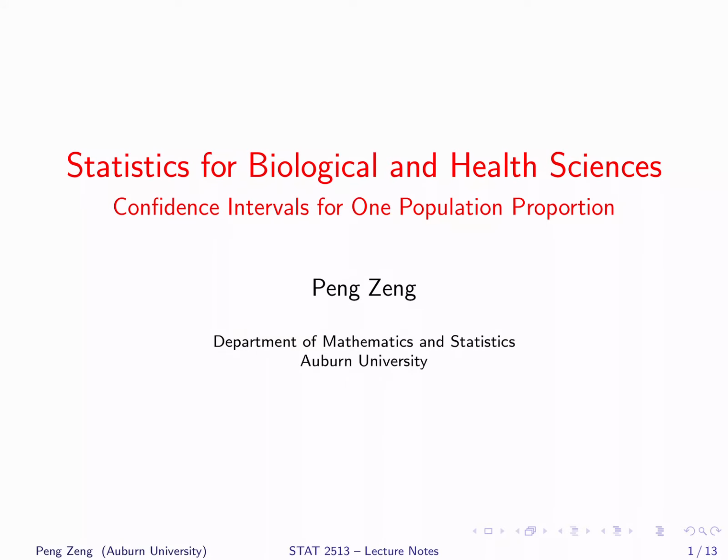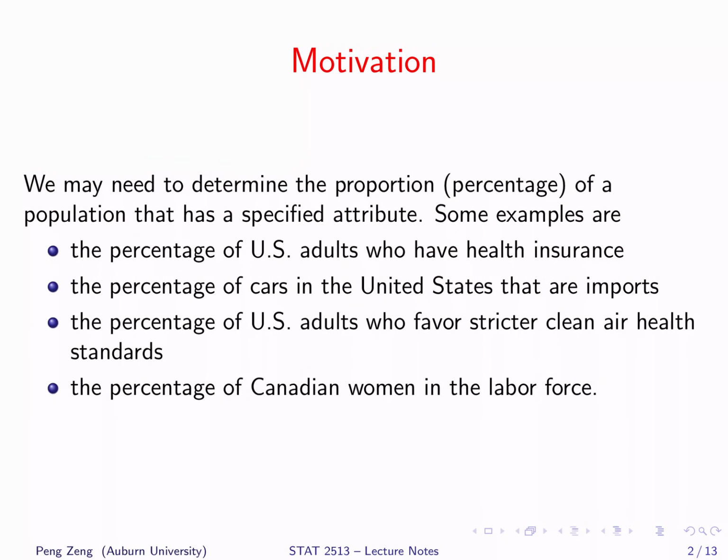This section discusses confidence intervals for one population proportions. In many applications, we may need to determine the proportion or percentage of a population that has a specified attribute.